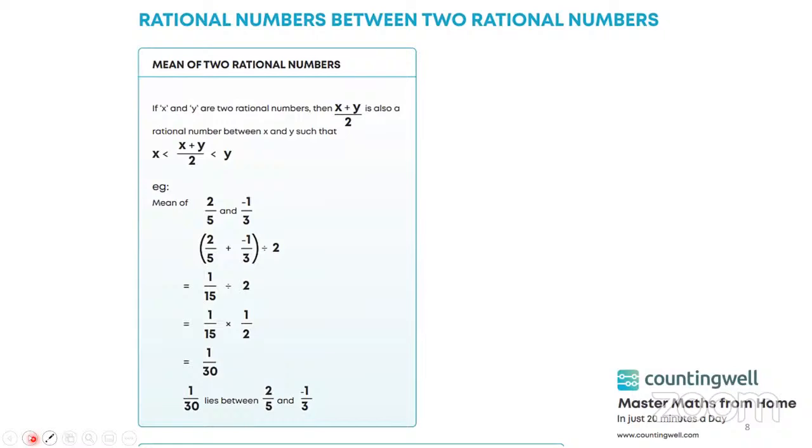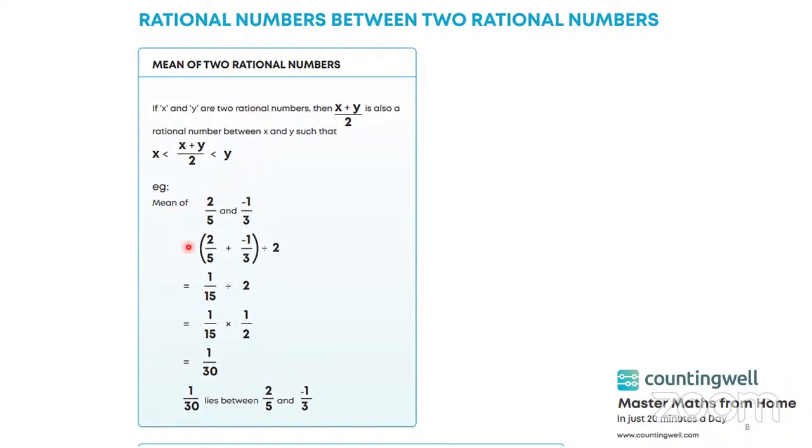Now let us find rational numbers between two rational numbers. First, we will see how to find a rational number between two rational numbers. Here, if we have two rational numbers x and y, then the mean of these two rational numbers is again a rational number.